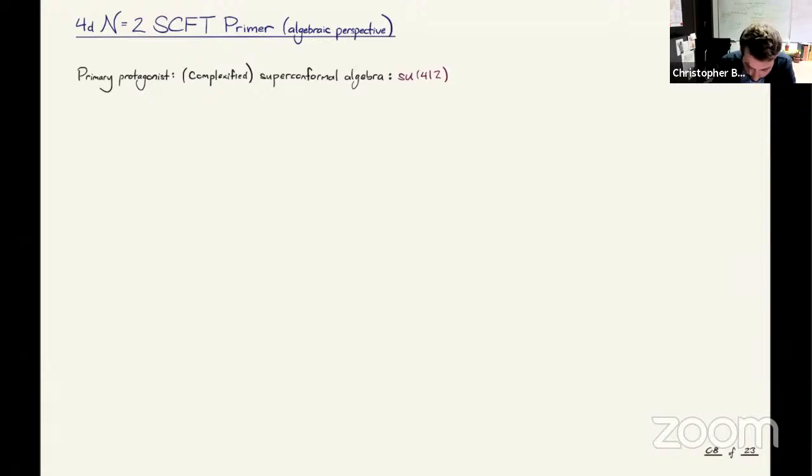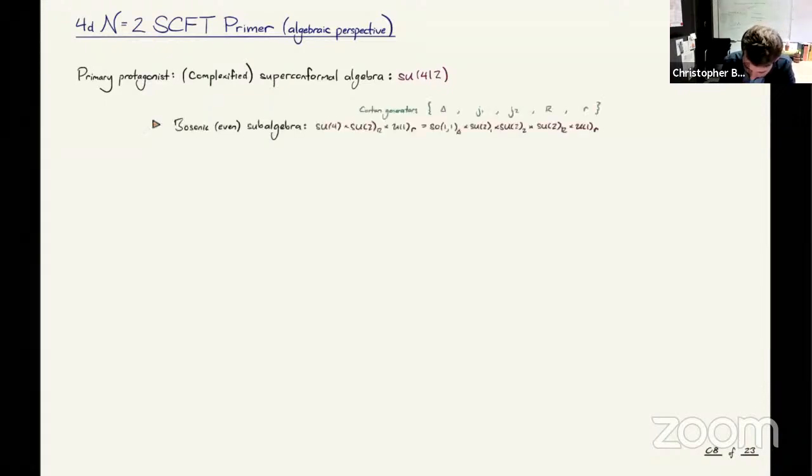So here, the primary protagonist is the symmetry algebra. If I have an N=2 superconformal field theory, the complexified symmetry algebra is the superconformal algebra SU(2,2|2), which has some subalgebras that many people will recognize.